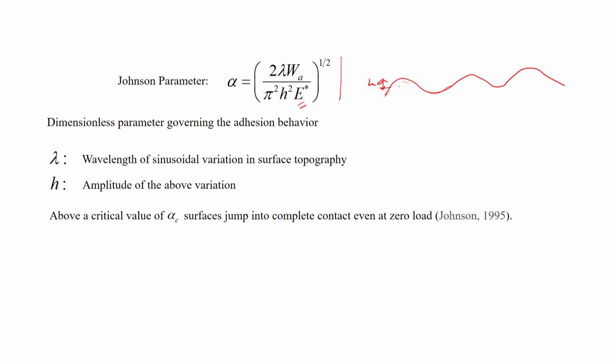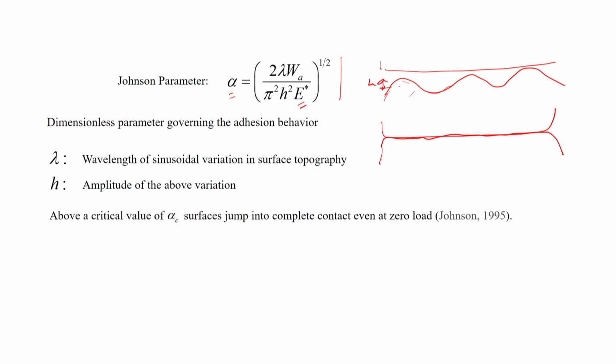So you see, if E star decreases and W increases, this Johnson parameter increases. What it means is that if you have a surface like this and an indenter or adherent like that, and if H is small enough, then this surface will have the ability or possibility to come in complete contact with the adherent over here.